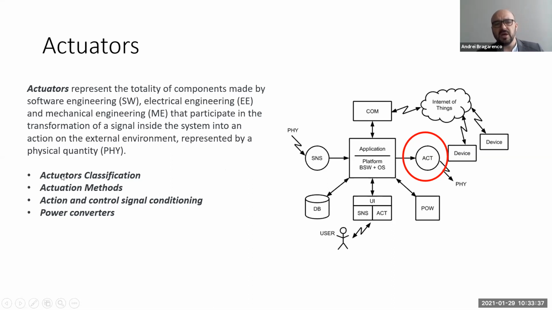So we'll also have actuator classification and the actuator methods. We'll see what kind of methods we have. Also, we'll have to condition some signals, because we'll have some fast changes inside.